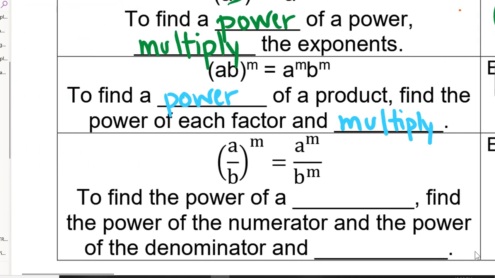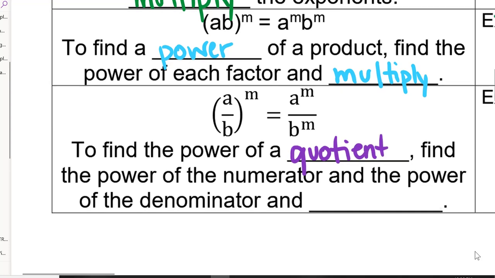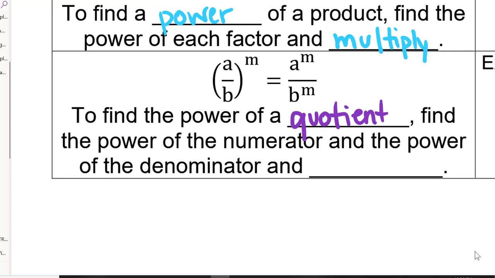All right, last example. To find the power of a quotient. Quotient is the answer to a division problem. Find the power of the numerator and the power of the denominator, and multiply. Okay, so it's very similar to the one that we just showed you.